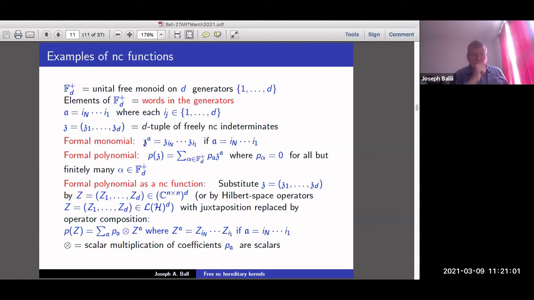You take the collection of indeterminates z raised to the power, the word alpha. Then you take the letters in the word and put them as subscripts on the indeterminates. So you get this monomial in z, but the order is important.